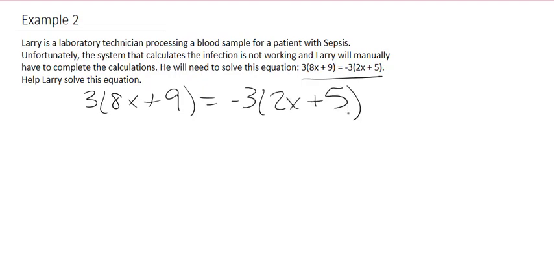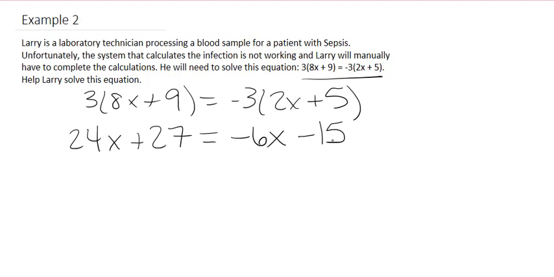So to do this, we're going to multiply 3 times 8, which is 24x. 3 times 9, which is 27, which is then equal to negative 3 times 2, which is negative 6x, negative 3 times 5, which is minus 15.